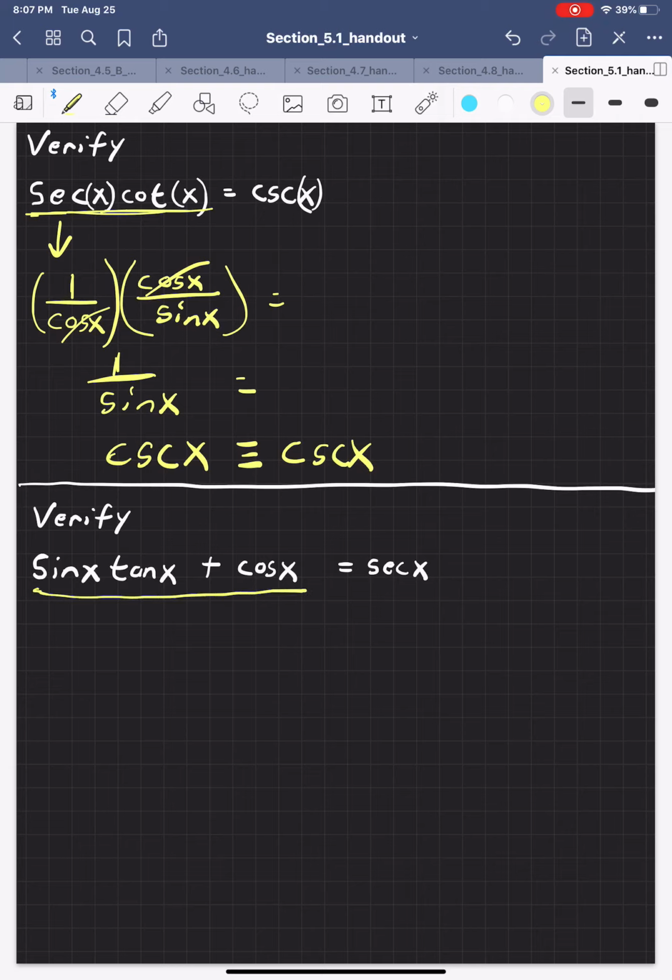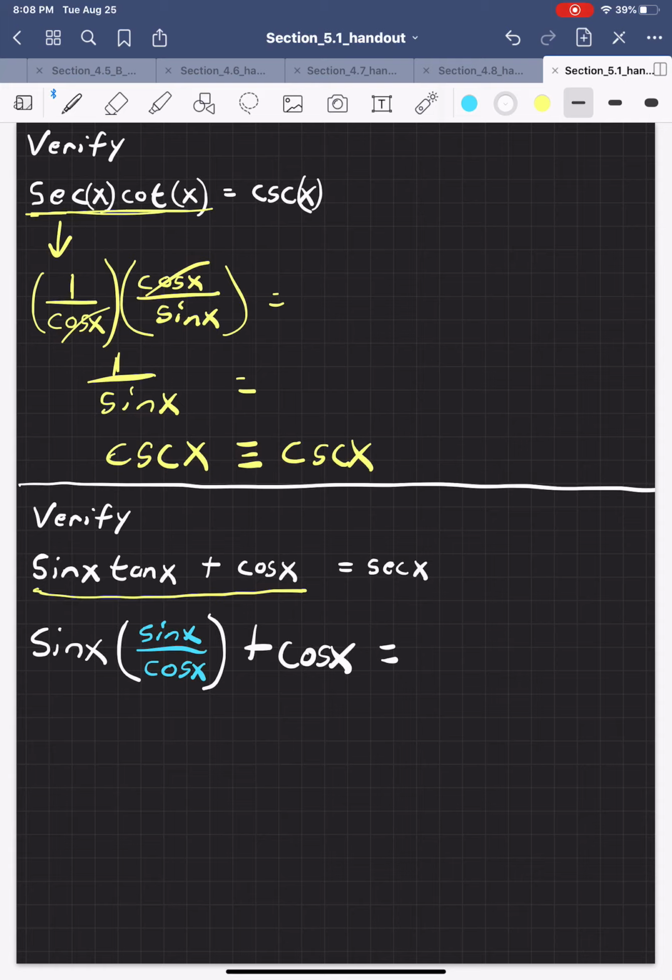The first step I might do is turn everything into sine and cosine. So sine of x, and let's go ahead and change our tangent. Tangent can be written as sine of x over cosine of x, plus cosine of x. All right, so far so good. We've changed the left side of the equation into sines and cosines.